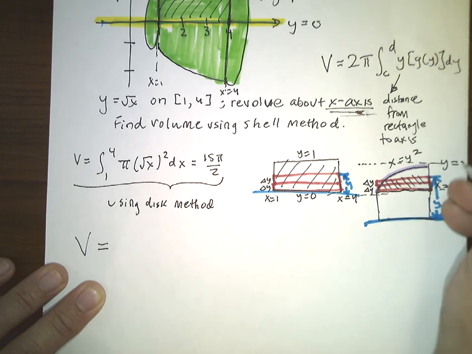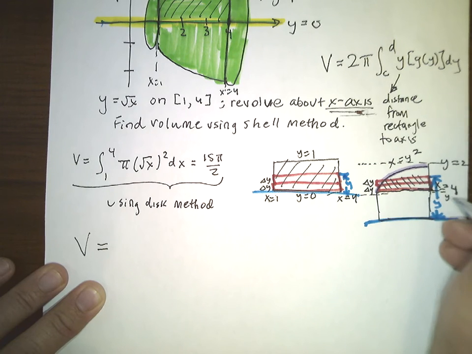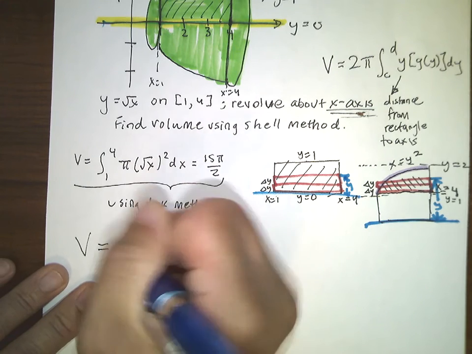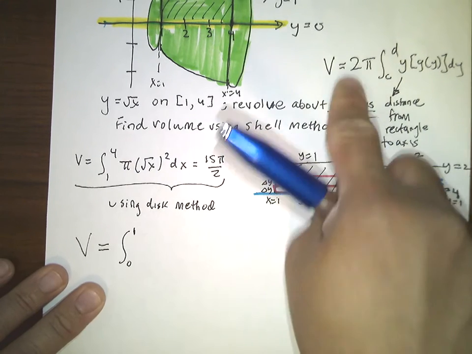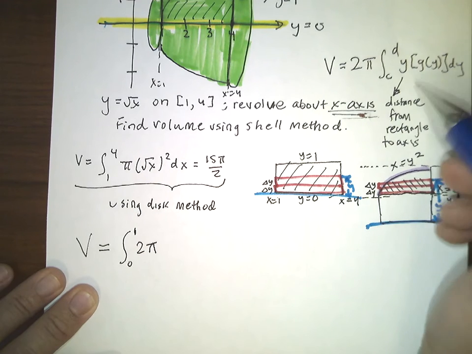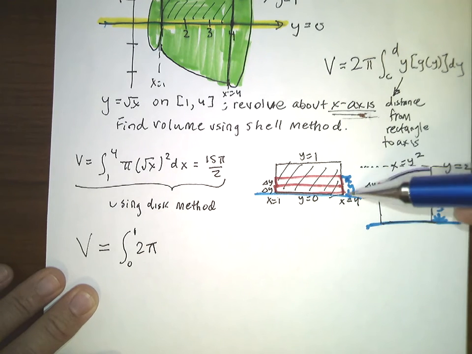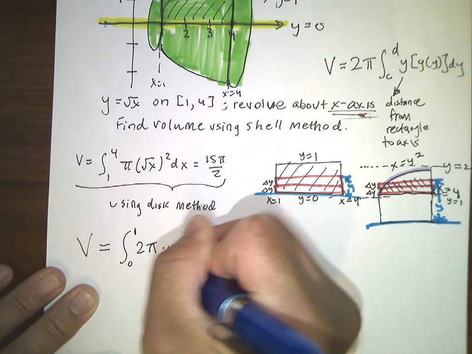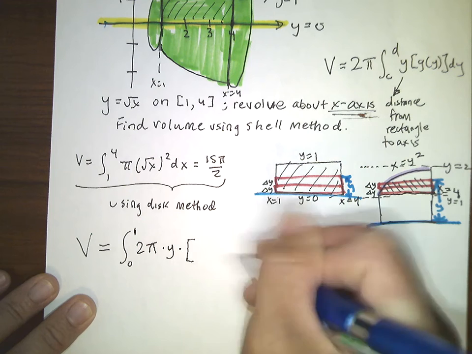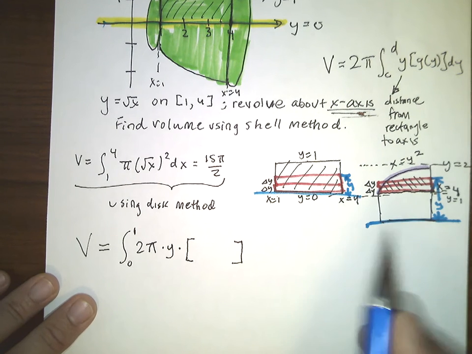That's y equals 2, and this is y equals 1. So from y equals 0 to y equals 1, I have 2 pi, and then the distance from the rectangle to the axis, which is y, and then I have g of y.